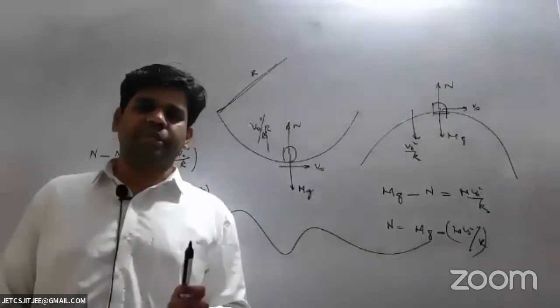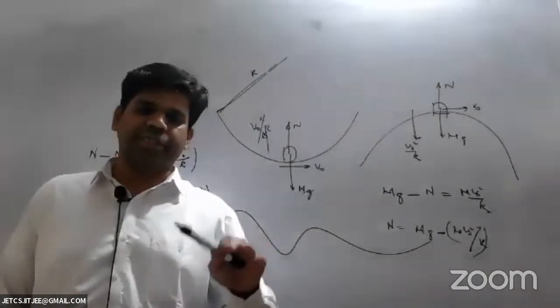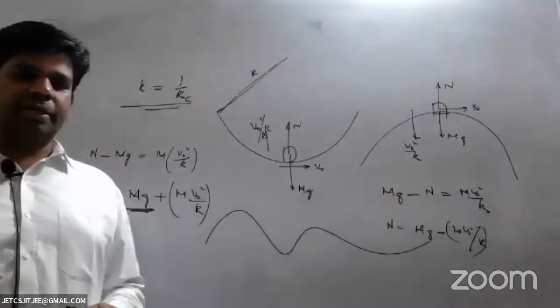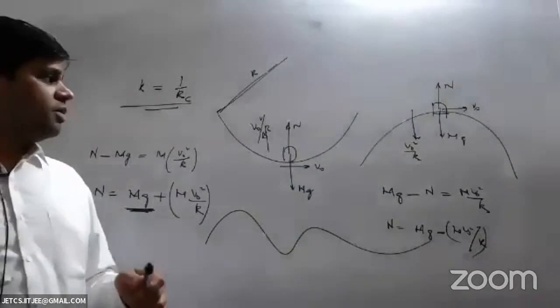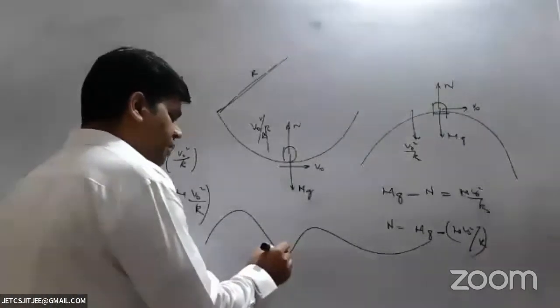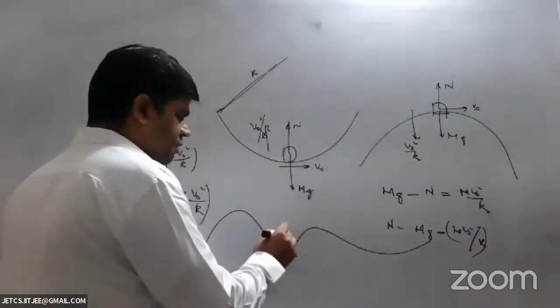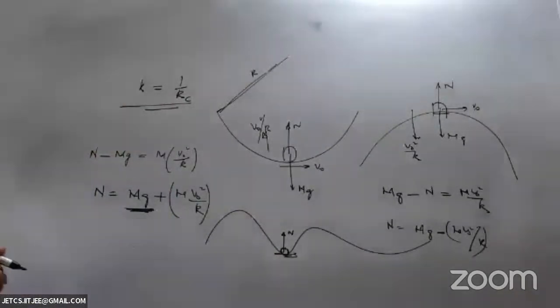N is equal to mg only on ground, when the surface is not moving and the block is at rest on the surface of the ground. But N is what is weight. If I keep a weighing machine at B here, what is measured by the weighing machine is the normal reaction, and that is called weight. Technically that's called weight.